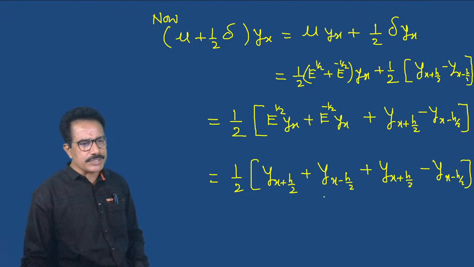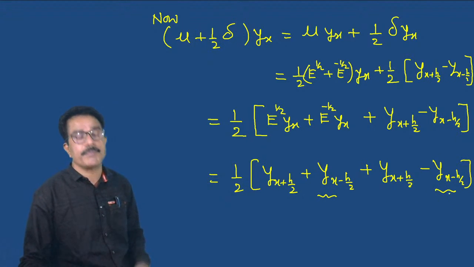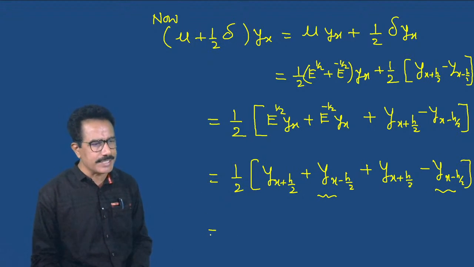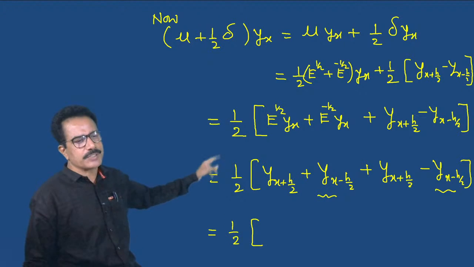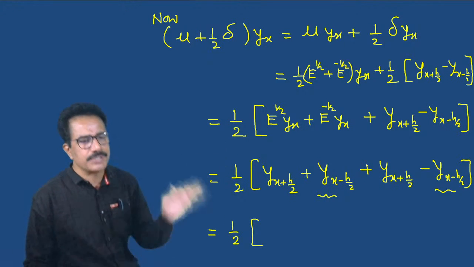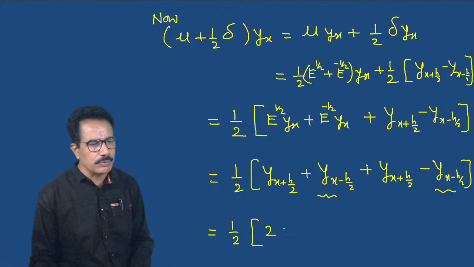Now see this term and this term, positive negative will get cancelled. So 1 by 2, which are the remaining terms? y of x plus h by 2 plus y of x plus h by 2 means 2 times of y of x plus h by 2.